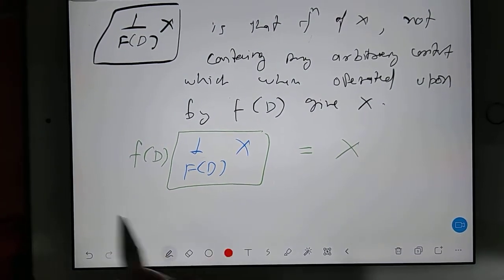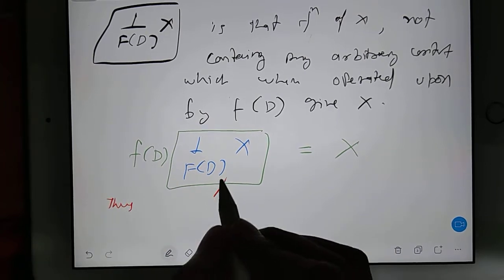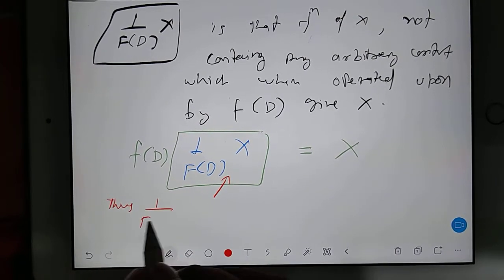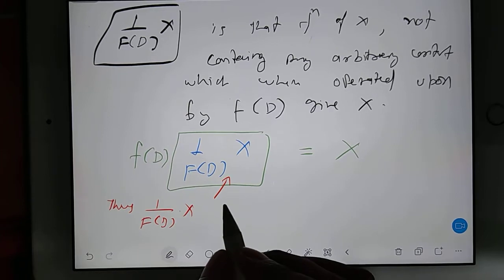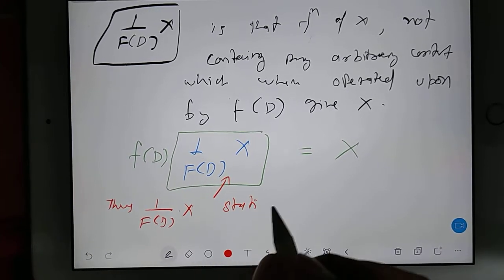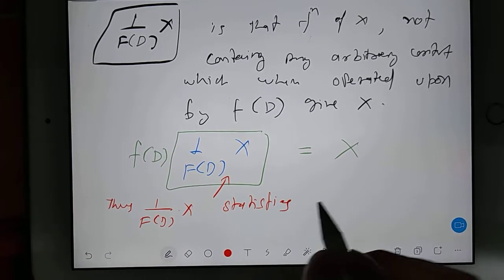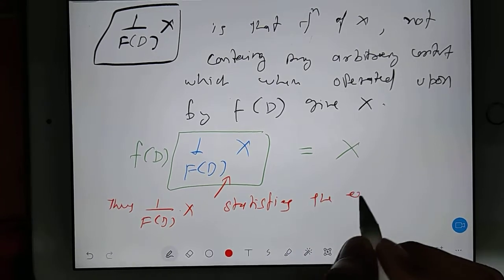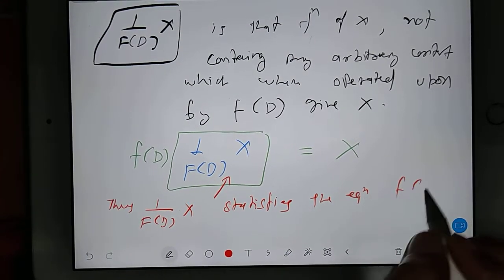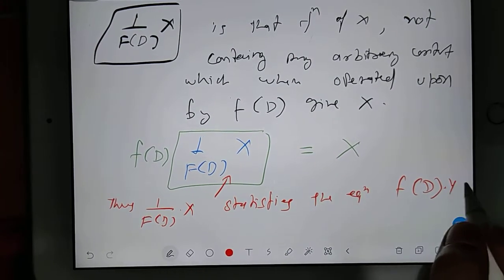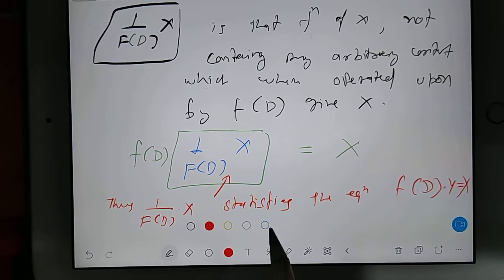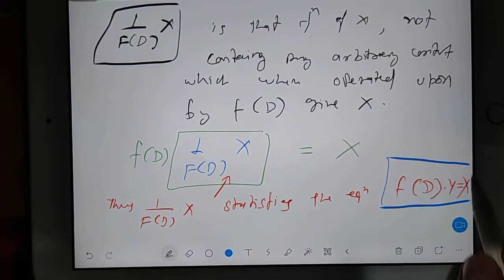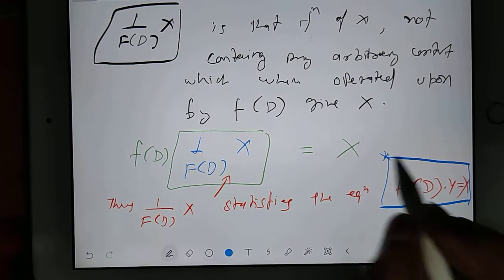So we can say that this part, 1 by fd of x, satisfies the equation capital F(D) into y is equal to x. Now see, what is this? This is what I gave on the previous page.